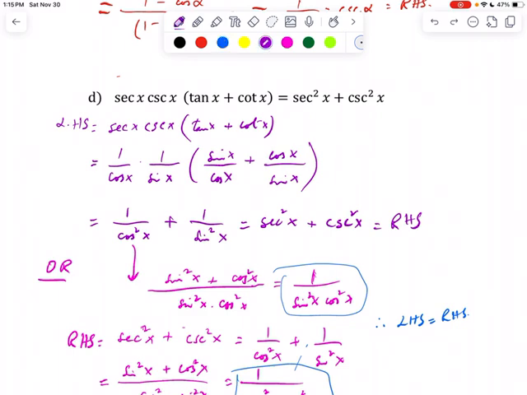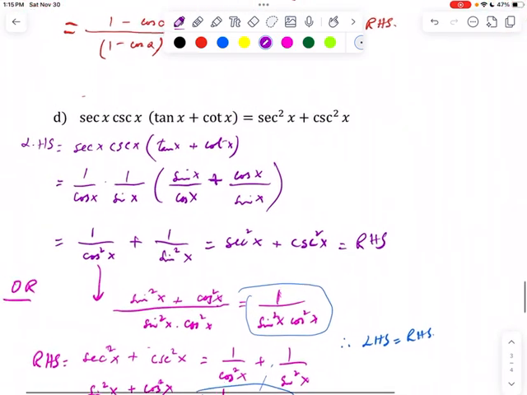And now I can do it again. There are several ways to do it. So what I did now, I distributed this quantity which is written outside the parentheses inside.